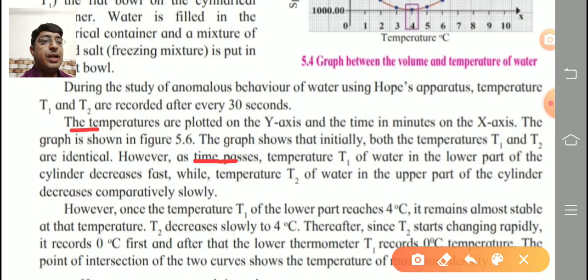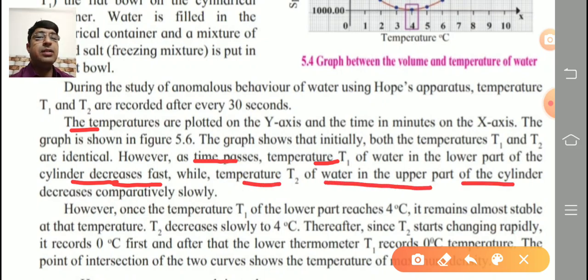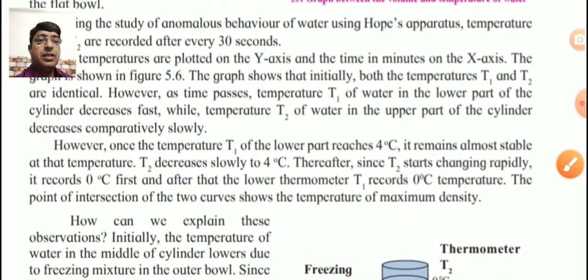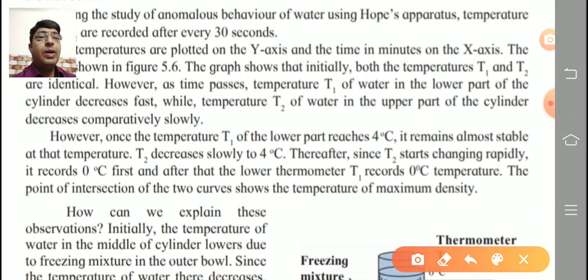However, as time passes, temperature T1 of water in the lower part of the cylinder decreases fast, while temperature T2 of water in the upper part decreases comparatively slowly. Once T1 of the lower part reaches 4 degrees Celsius, it remains almost stable at that temperature.